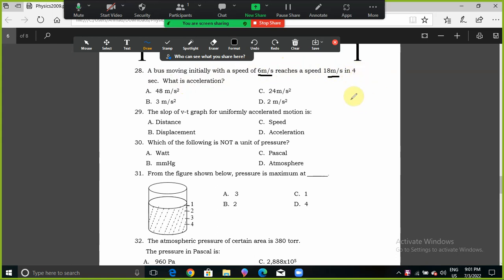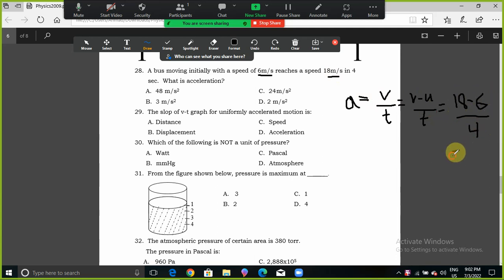What is acceleration? We know that acceleration is velocity over time, which is final velocity minus initial velocity over time. If we place the numbers in the symbols, we have 18 minus 6 over 4.